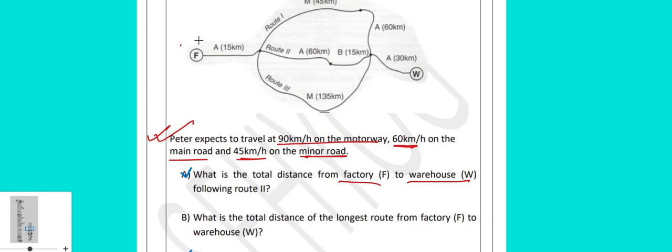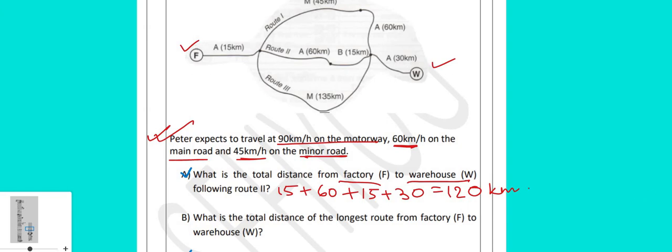If we have to calculate, we will just add all of them, which makes it 15 plus 60 plus 15 plus 30, which gives us 120 kilometers right here. So this is the total distance traveled from here to here.